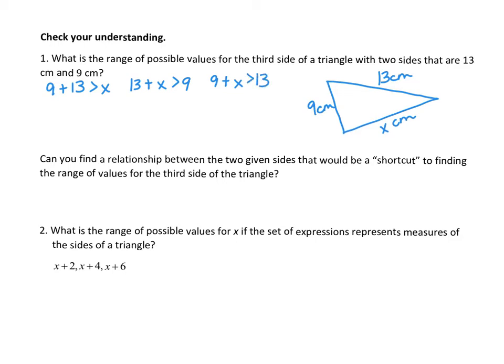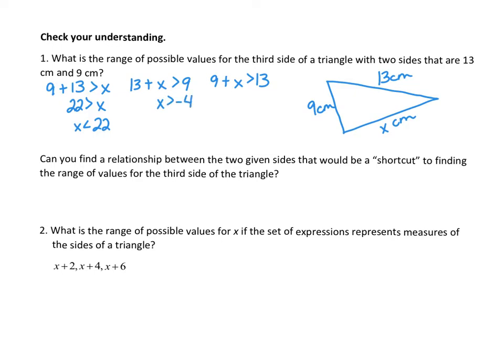So if we solve those three inequalities, the first one we have 9 plus 13, so that's 22, is greater than x. So another way of writing it is x is less than 22. So 22 probably is our upper boundary. The second inequality, if we subtract 13 from both sides, you have x is greater than negative 4.